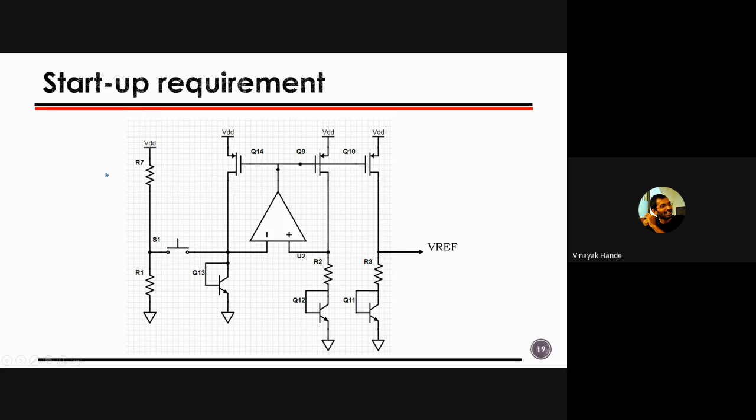For that, designers use the startup circuit, which is an integral part of a voltage reference, because if there is no startup circuit connected along with the core band gap based voltage reference design, there is a possibility that your band gap based voltage reference never fires, so it is quite mandatory.